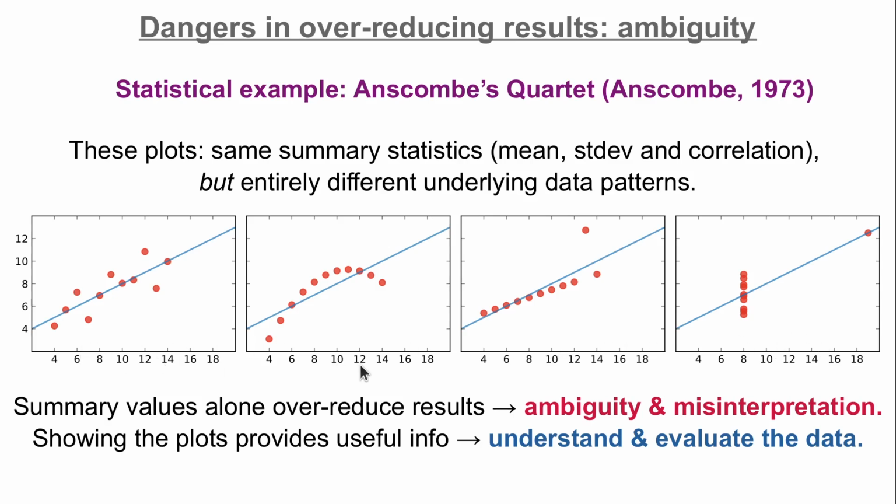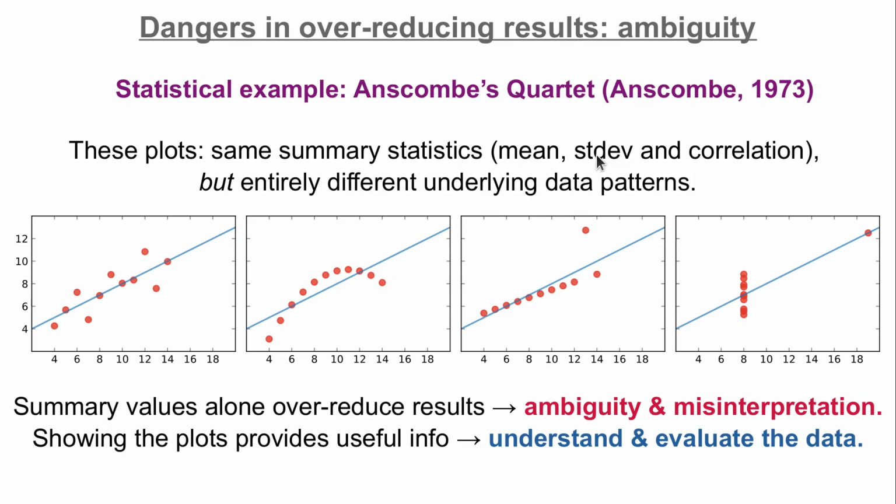So when it comes time to present or interpret our results, if we only looked at the summary statistics, just the correlation or the mean and standard deviation, and then tried to picture the data or extrapolate from it, we're going to run into a problem.